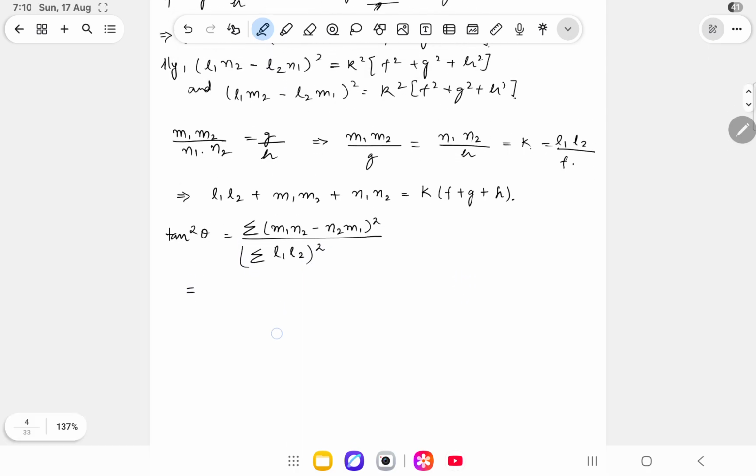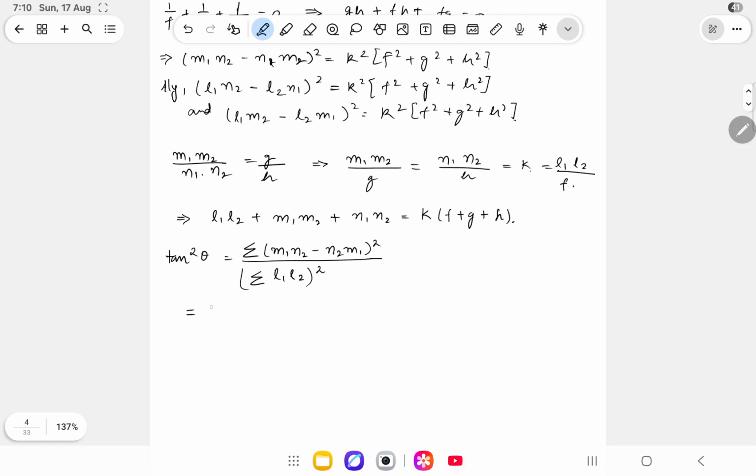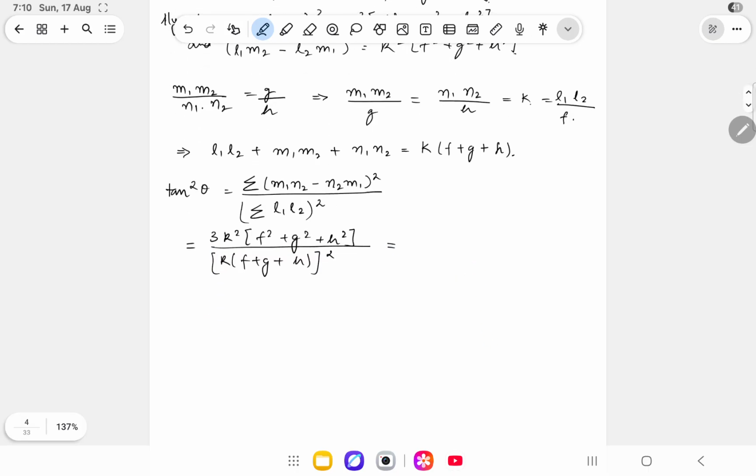From here we can just substitute these values, which is equivalent to 3a square times f square plus g square plus h square upon k times f plus g plus h whole square. We can easily get rid of k, and we get f square plus g square plus h square upon f plus g plus h whole square.